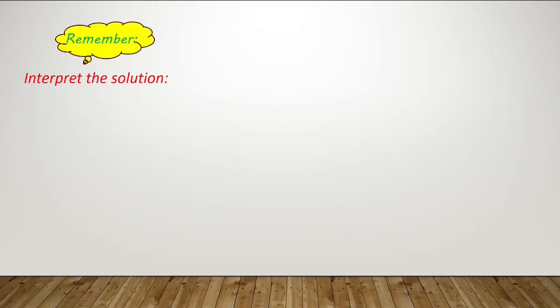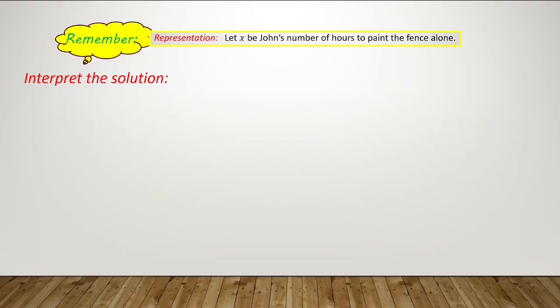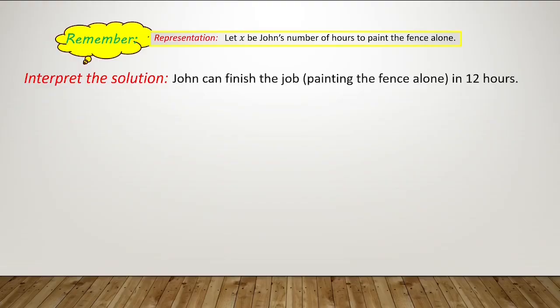So what does 12 mean? Remember, let x be John's number of hours to paint the fence alone. So that means John can finish painting the fence in 12 hours.